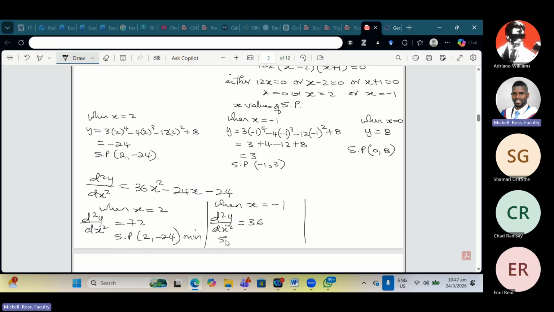So the stationary point that is negative 1, 3 is going to be a minimum. And when x is equal to 0, the second derivative is going to be equal to negative 24. So that means the stationary point, which is 0, 8, is going to be a maximum.